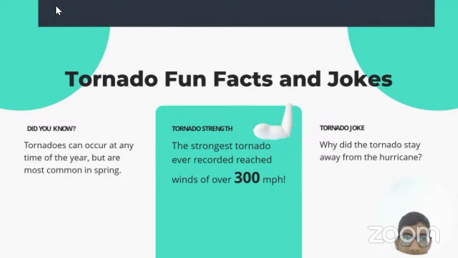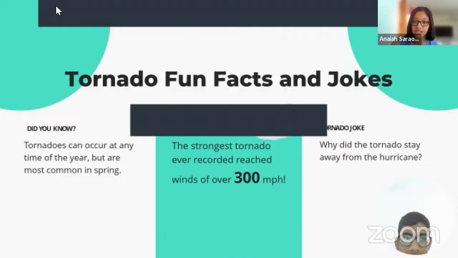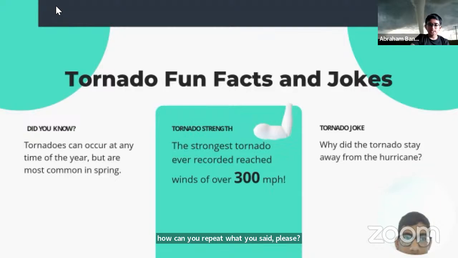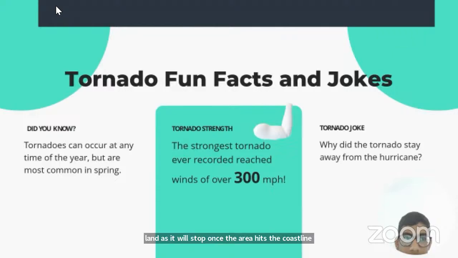I didn't hear that. Abraham, could you repeat what you said, please? Is it because a hurricane cannot enter on land, as it will stop as soon as it hits the coastline? I can't understand Abraham. Can you put it in the chat, Abraham?